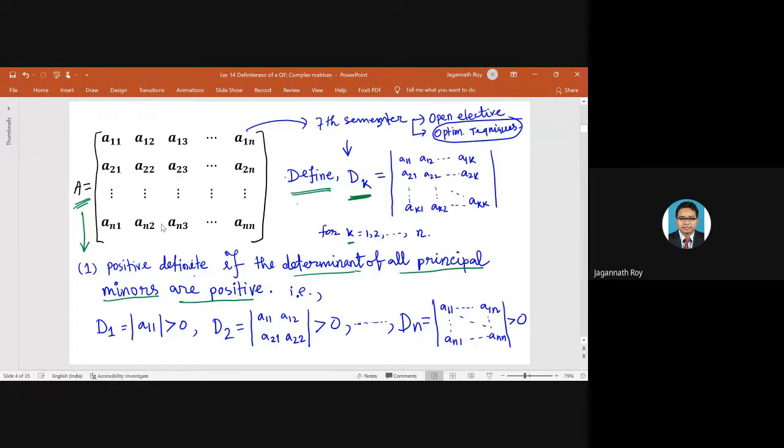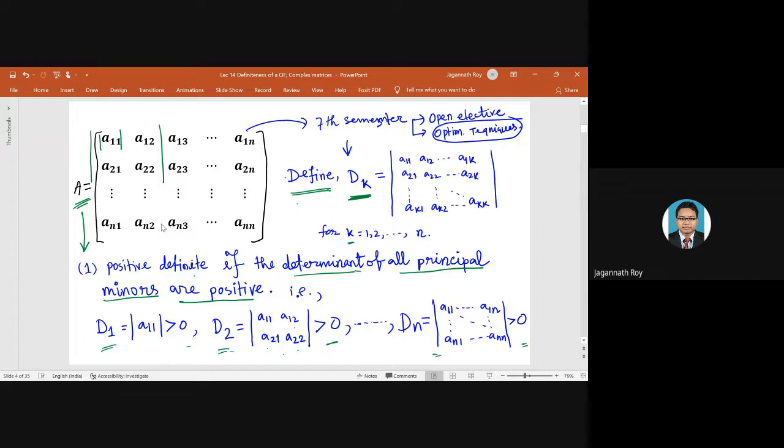For example, if we consider D2, this is the determinant of the principal minor a11, a12, a21, a22. If all the principal minors are greater than 0, then we say this matrix, or the quadratic form obtained from it, is positive definite.